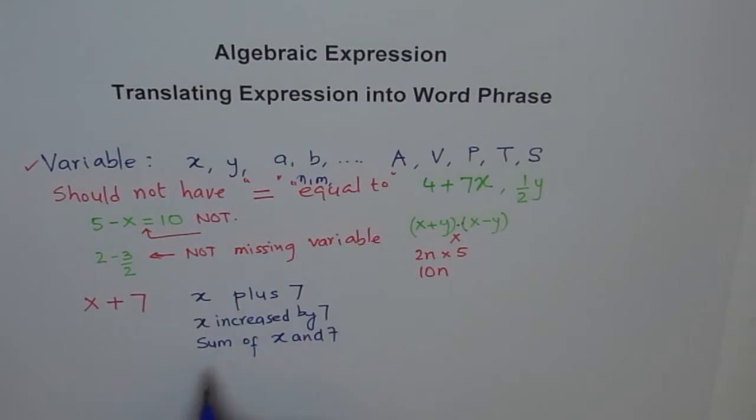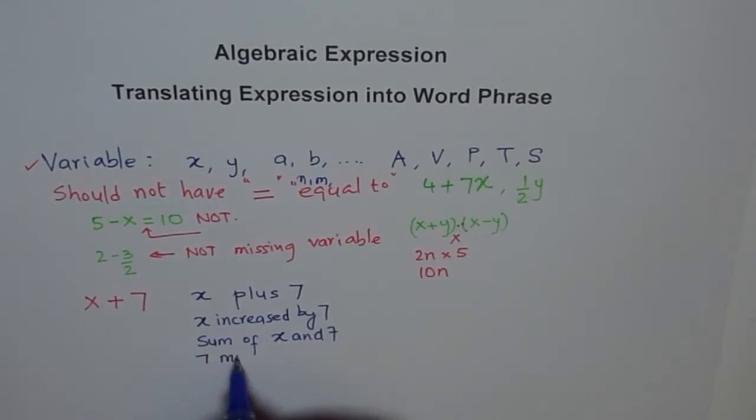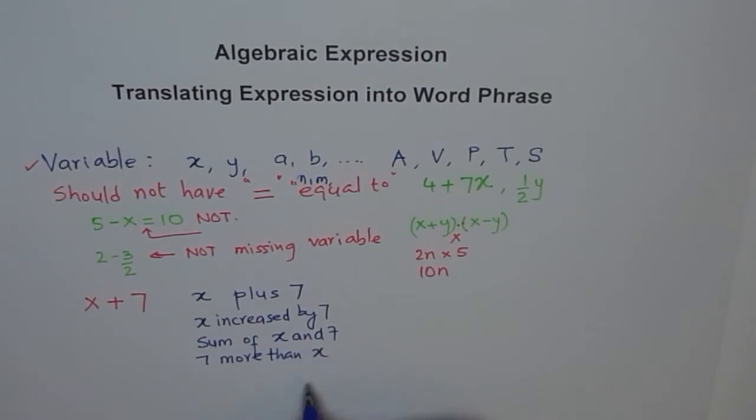We can also say 7 more than x. Likewise, we can say many things about this expression. We can get back to something like this. Let's do the reversing. I'll tell you a word phrase and then you write an algebraic expression. If I say 5 more than a number, you say let the number be x and the answer will be x plus 5, correct?